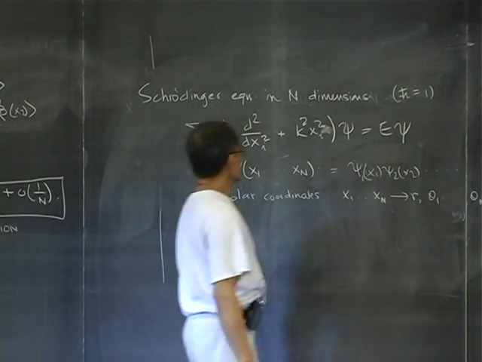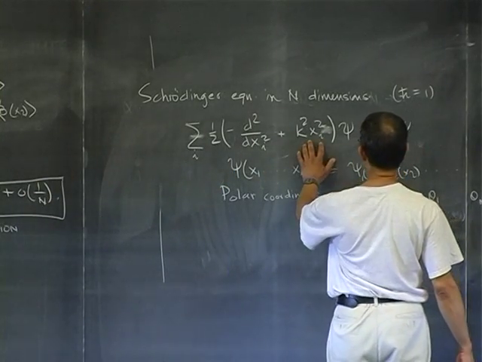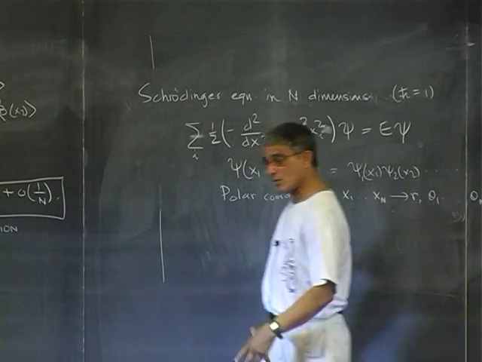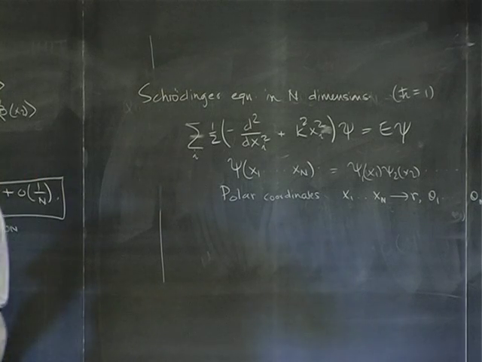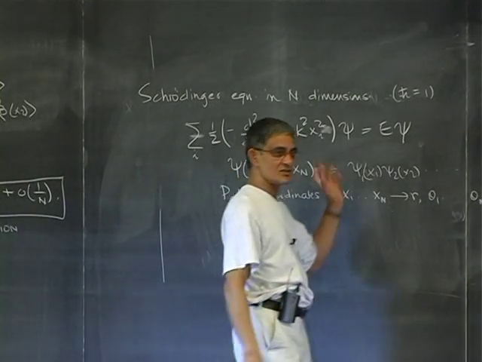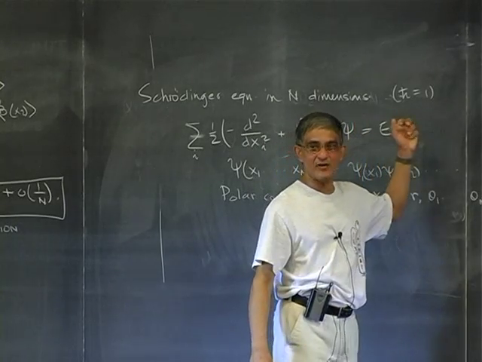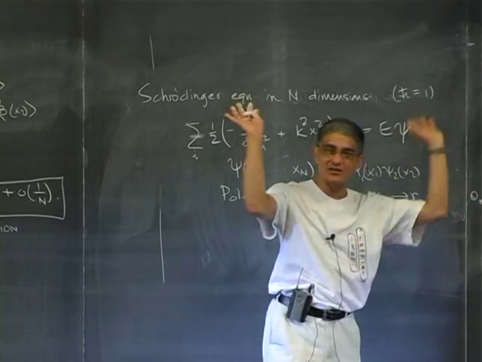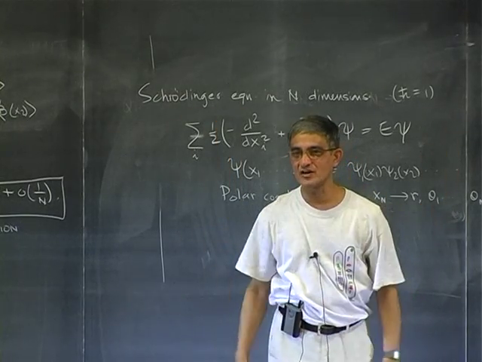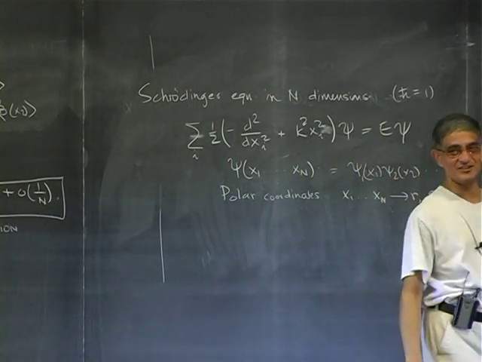You make that change of variables in this psi, you write down an equation, and you realize that eventually it's the square of the angular momentum, whose eigenvalues you get from spherical harmonics in n minus 1 dimensions, and you die. I mean, spherical harmonics in higher dimensions are not very easy. Okay?